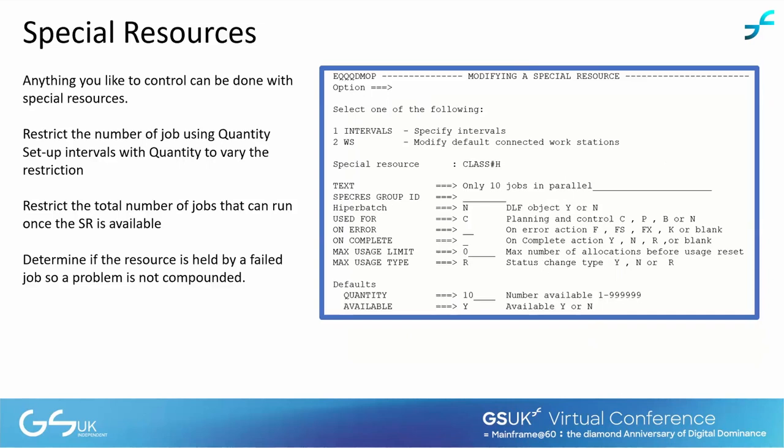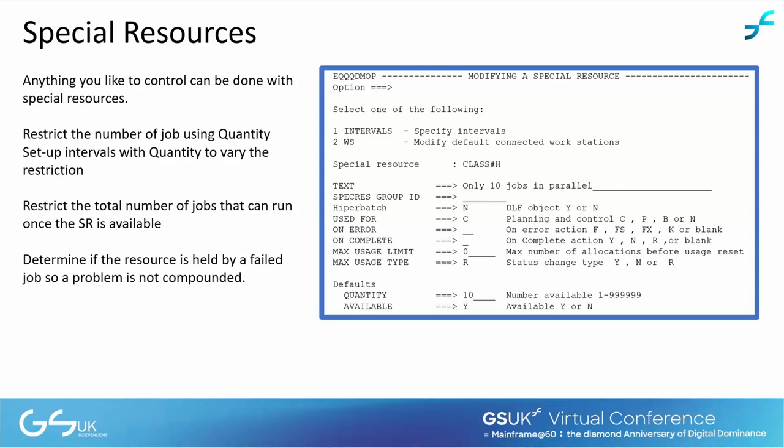Special resources, everybody's favorite. If you can't do it any other way, a special resource will solve your problem. That's what I always like to think. So again, you can have intervals when they're available and unavailable. You can say which workstation they're specifically connected to, so it doesn't affect all the batch.